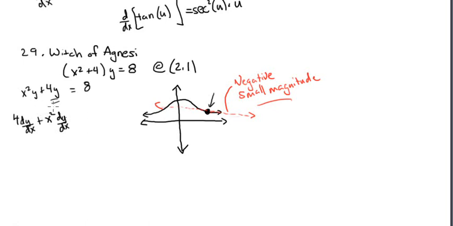And then I have to add to that. I took the derivative of y. This time I'll take the derivative of x squared with respect to x, so that becomes 2x, and we hold y constant. All right. So then on the right-hand side, the derivative of 8 is just 0.